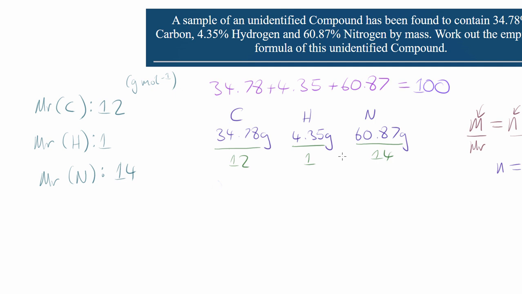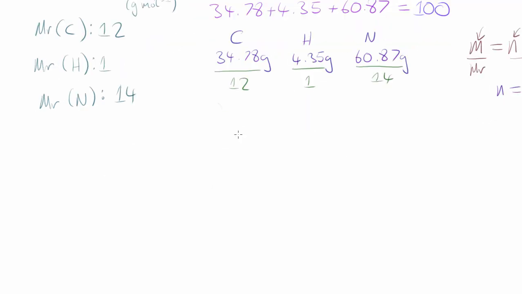So I would invite you at this stage to have a go, figure out what molar quantities you come up with, and I'm going to keep the answers to 5 decimal places, where necessary.